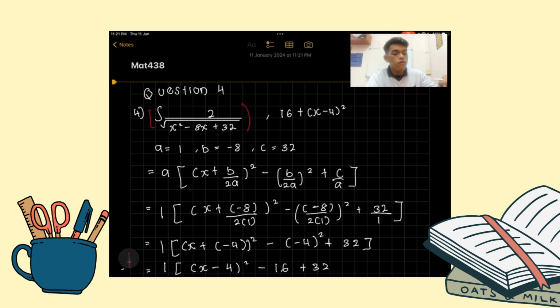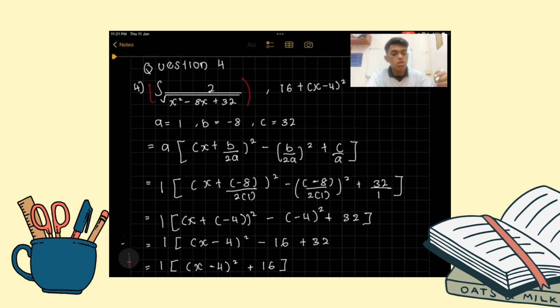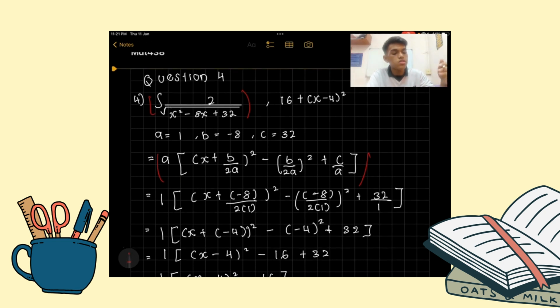The formula we will use for completing the square is a times x plus b over 2a squared, minus b over 2a squared, plus c over a. As you can see, we take a equal to 1, from the x squared, b equal to negative 8, from the minus 8x, and c is 32.